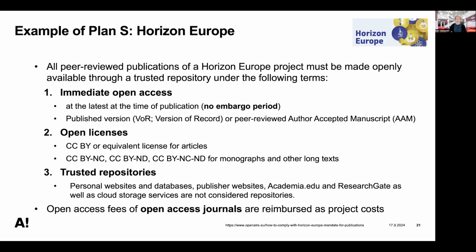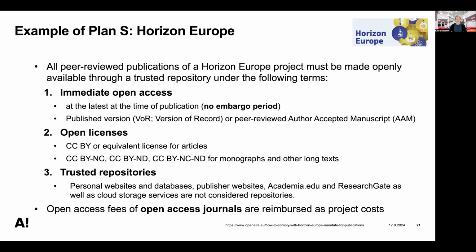The second requirement is the use of open licenses, and here the CC BY or equivalent is required for articles, and the CC BY NC, CC BY ND, or a combination of these, CC BY NC ND, are allowed for monographs and other long texts. And the third requirement is that it's not enough that the paper is open access from the publisher website.